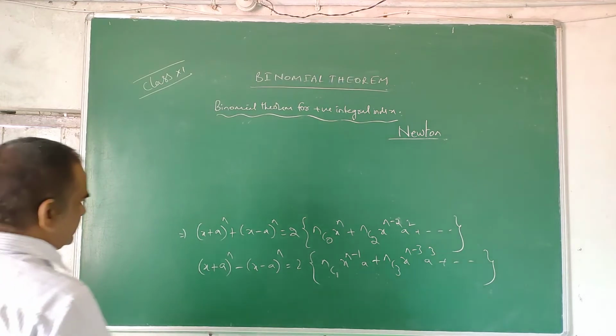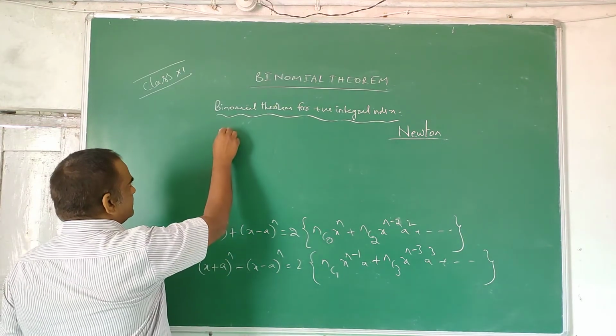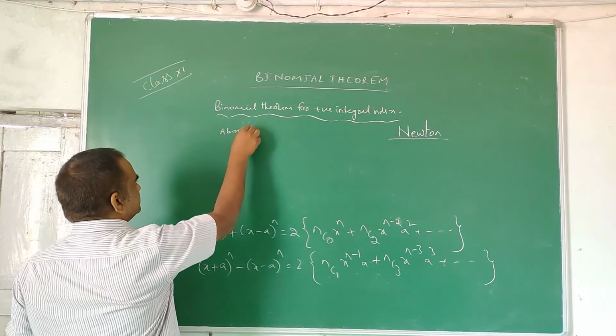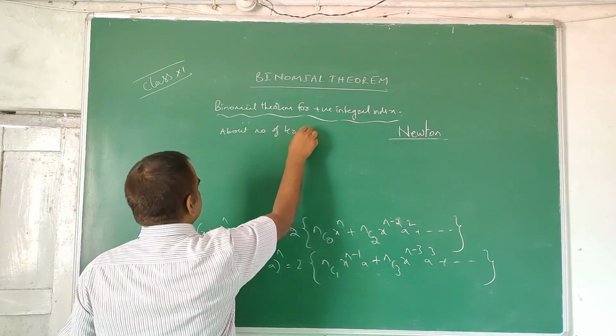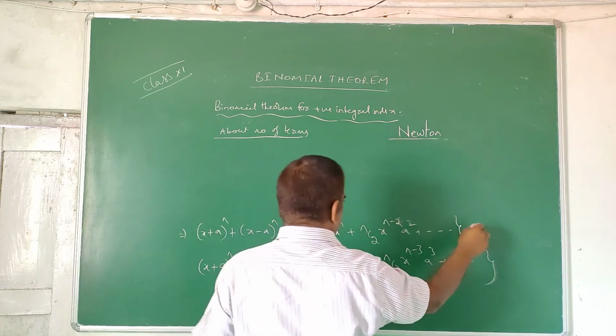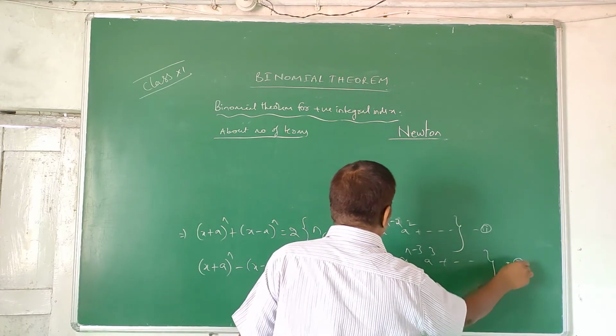So now, about the number of terms. This is 1, this is 2. These are the expansions.